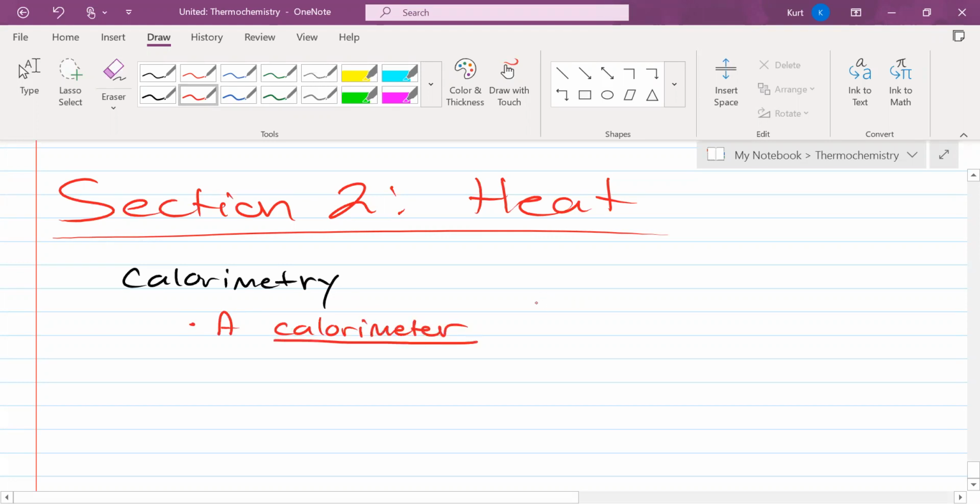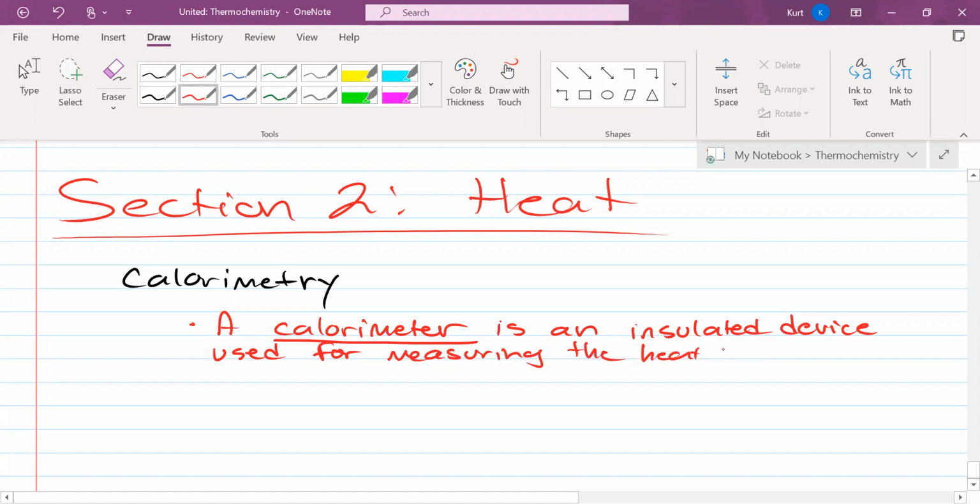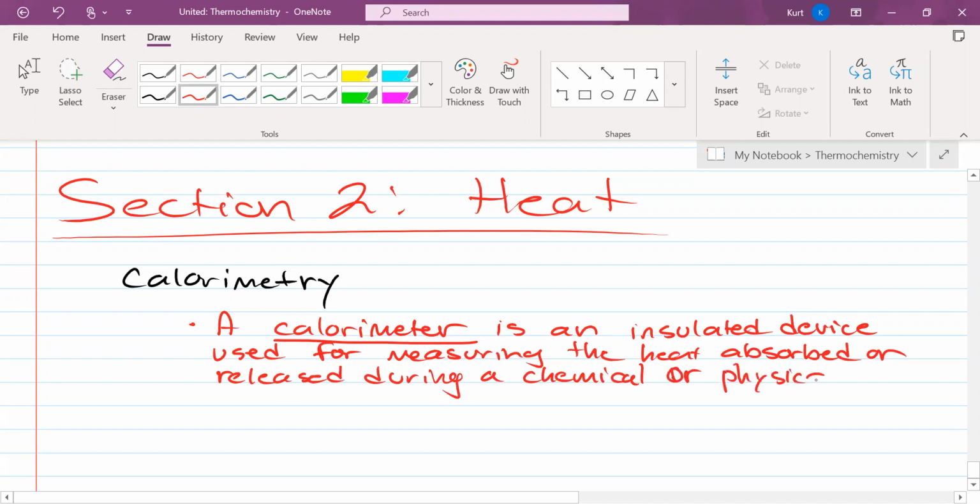A calorimeter is an insulated device used for measuring the heat absorbed or released during a chemical or physical process.